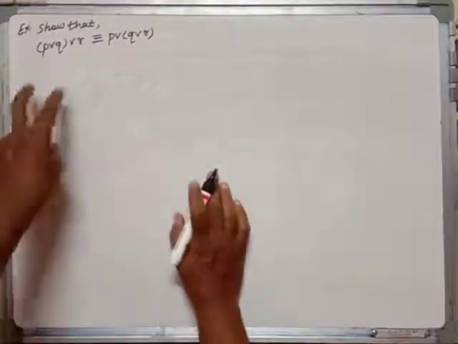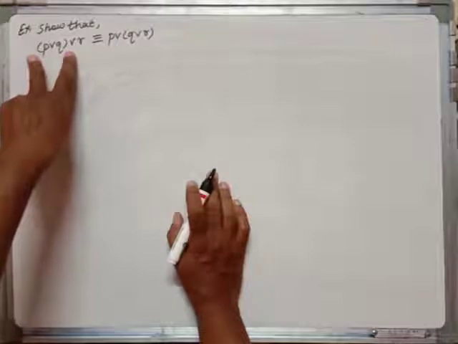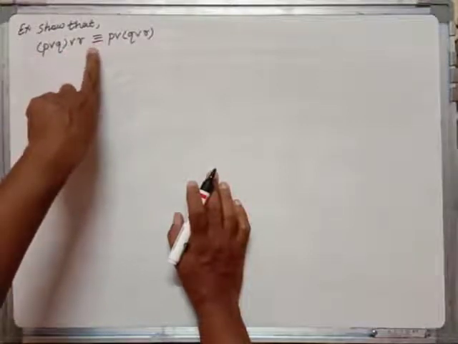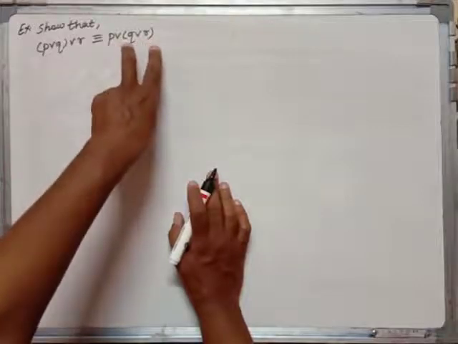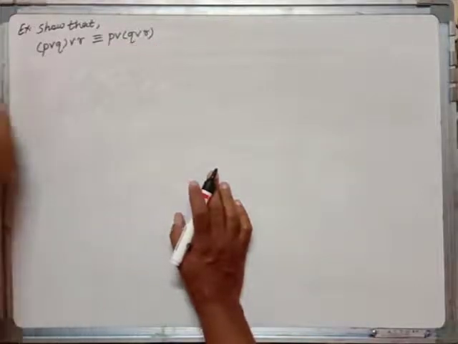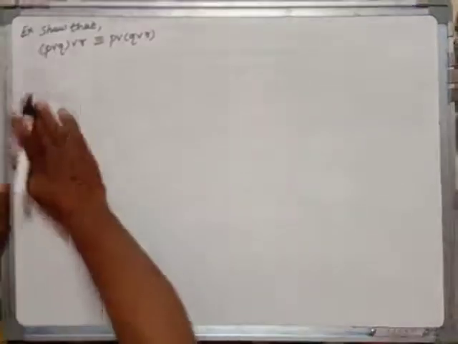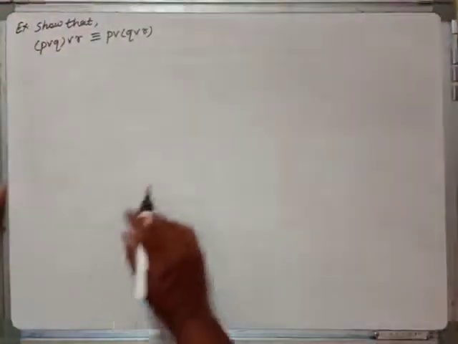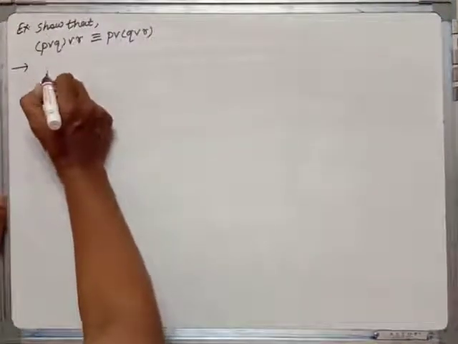So what we have done here: look at these two taken in a parenthesis first, or R, is exactly equivalent to the first as it is, and the second and third in a parenthesis. So this is associativity. It is nothing but associativity. So let us check whether the associativity is equivalent or not.